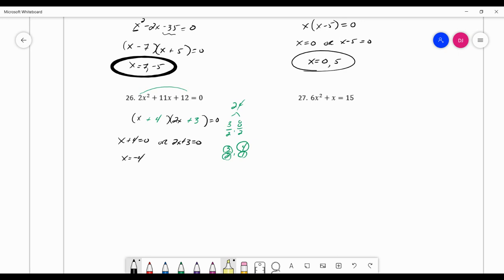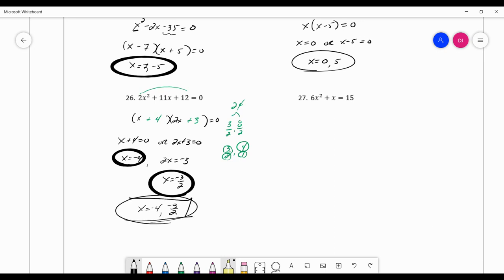Subtract 4 from both sides and x would equal negative 4. 2x plus 3 equals 0, so 2x is negative 3, so x would be negative 3 halves. And so my solutions are x equals negative 4 or x equals negative 3 halves. Okay, and I really think that this is the best way to write your solutions.